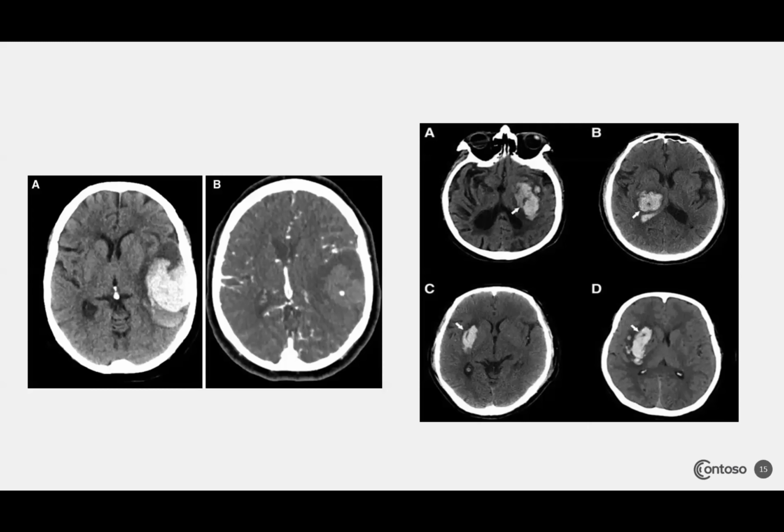If they are young, likely younger than 45, and they are not known to be hypertensive, you will say to rule out vascular malformation. And if they are more than 45 and known to be hypertensive, you will say I want to rule out the possibility of expansion of the hematoma.